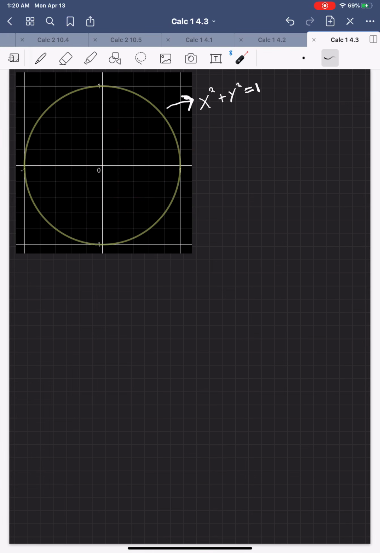So first off, let's notice that the radius of this circle is 1. Now, we have no idea what the area under this circle is, but let me show you the way mathematicians such as Archimedes would have tackled this.